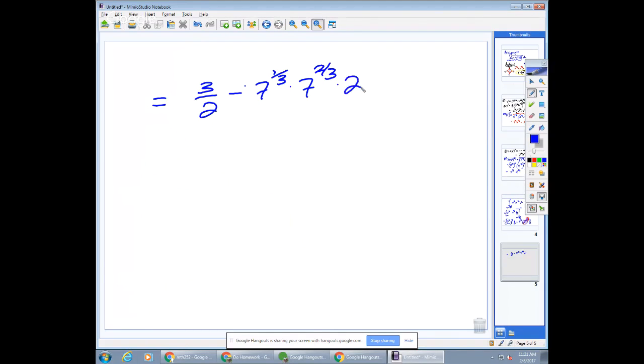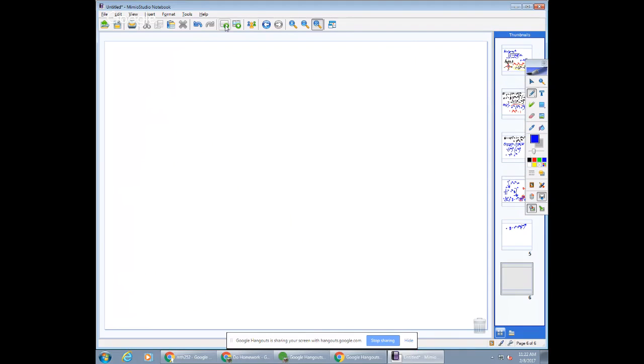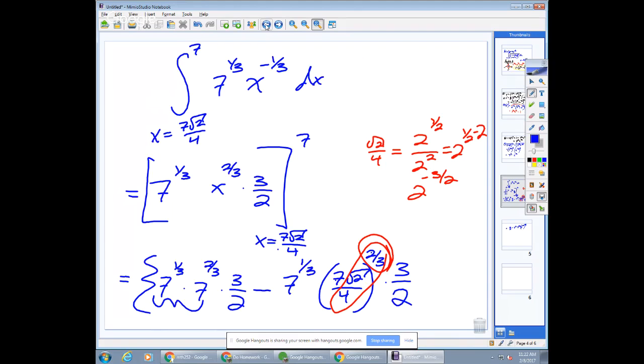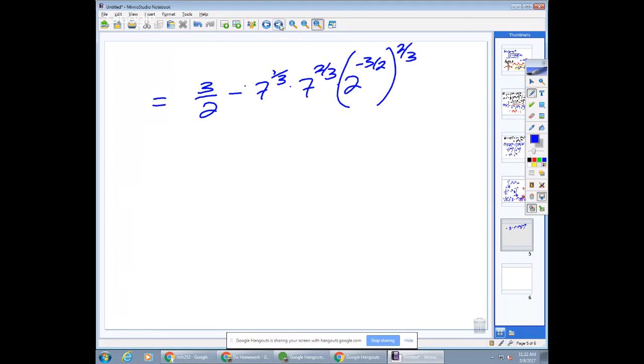So then I have a 2 to the negative 3/2 to the power 2/3. And I still have that 3/2 hanging out front. And things here clean up quite nice. Ooh, I did something wrong. This should have been a 7 out front, shouldn't it? Okay, thank you. I don't know why I said it was a 1. It was 7 to the power 1. I was close. All right, so this guy right here is just a 7, right?